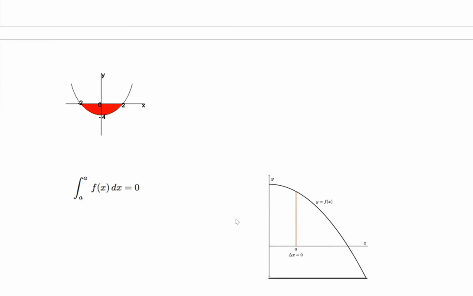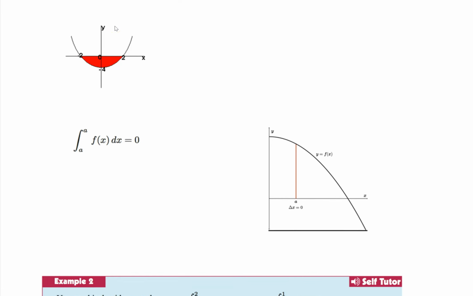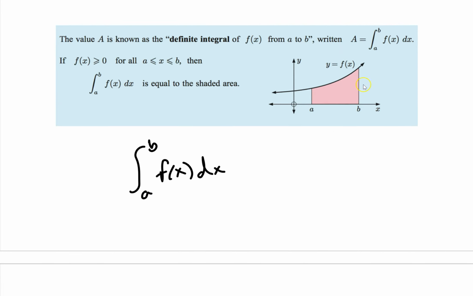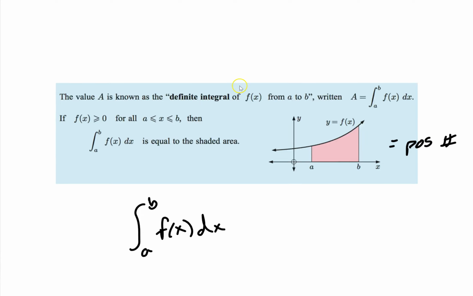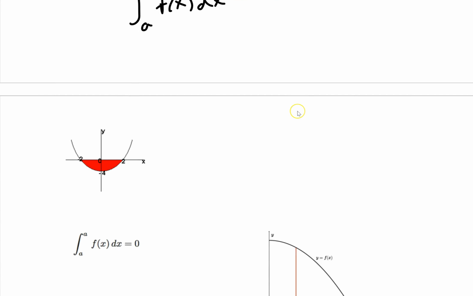A couple things before we actually talk about how to do problems like this. Here, I want you to notice, right? So over here, it's above the x-axis. When we integrate that, we're going to get a positive value, because our area is above the axis. So it's a positive number. Same thing here. We got a positive value. Over here, notice how it's below the x-axis.